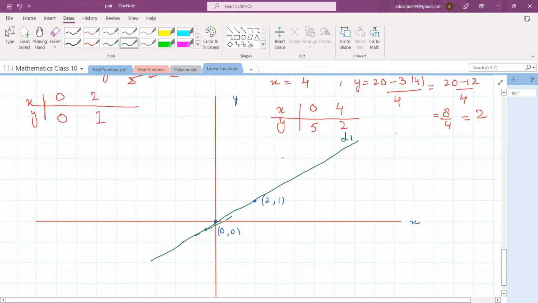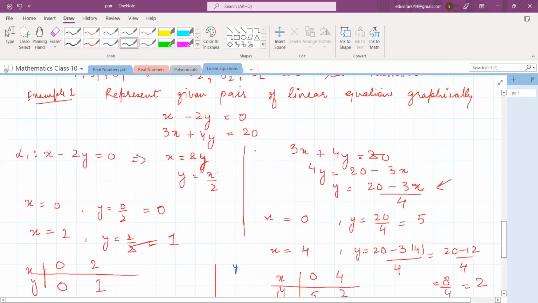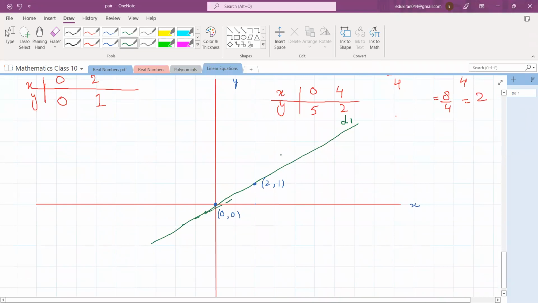And similarly right here, this was your line L2. Please give it the name L2. So I'm plotting L2 now. When x is 0, this y is 5. So 1, 2, 3, 4, 5, right? This is the point, 0 and y is 5. Now when x is 4, so 1, 2, 3, 4, y is 2.